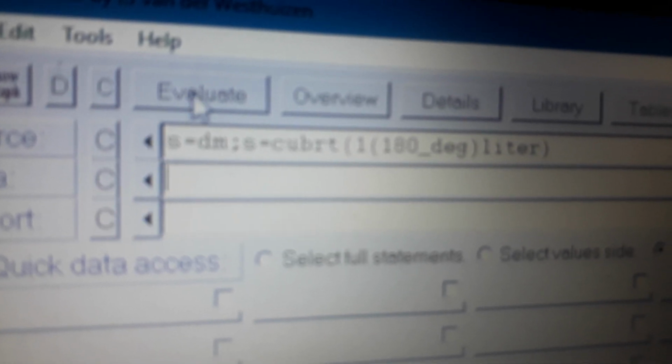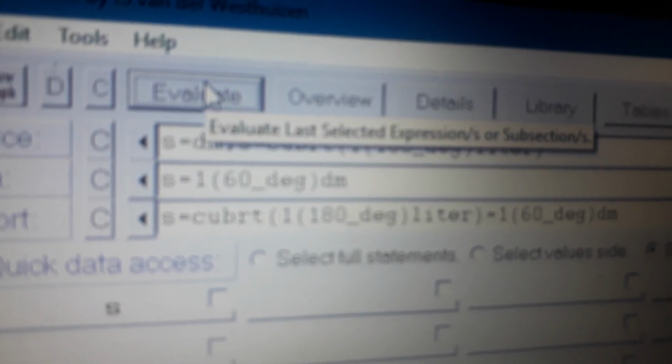It will give you the same answer. Remember, the answer is 1 angle 60 degrees. I'm going to clear it just to make my point, so you still see the same answer, 60 degrees decimeter. Okay, so it's the same answer.